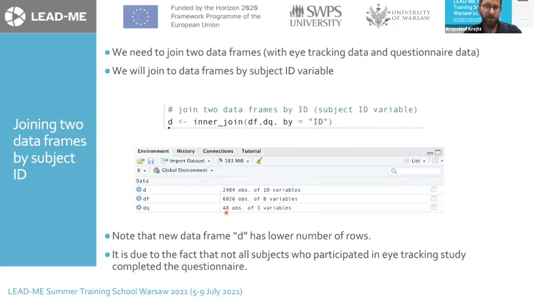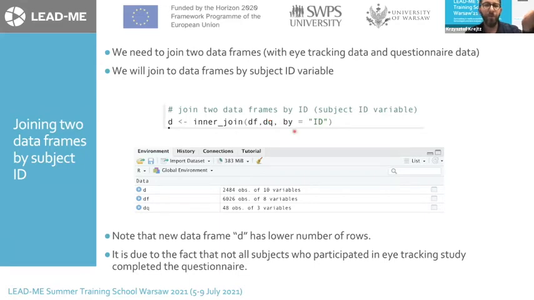by subject ID. To join these two data frames, I'm going to create a new data frame called D, and I'm going to use the function inner join. Then I give the names of the data frames I want to join. First, I give DF, that's the main data frame, and DQ as the second, the questionnaire.